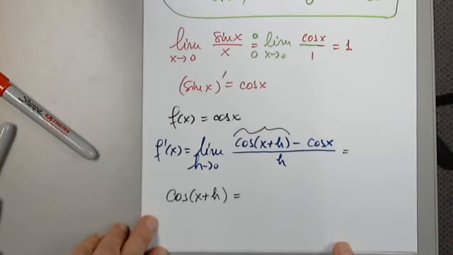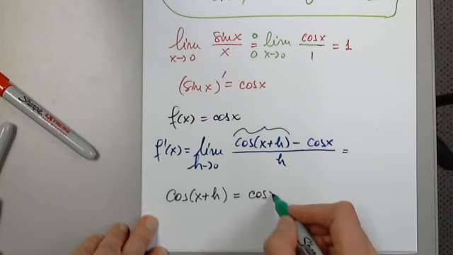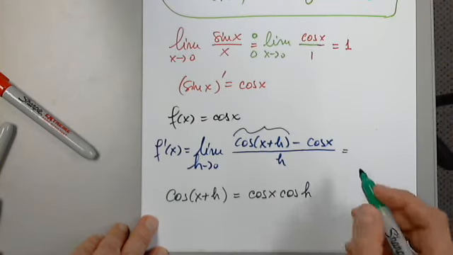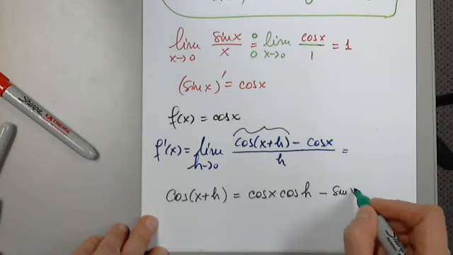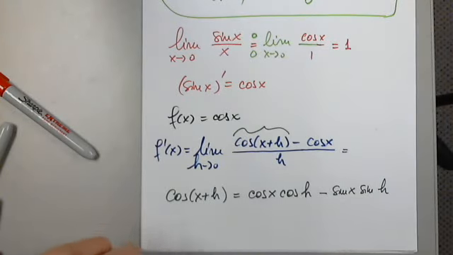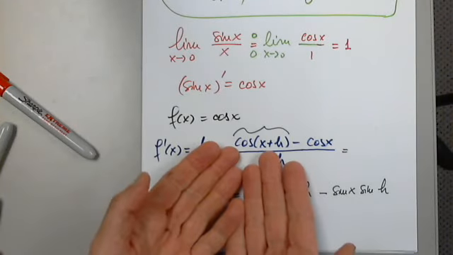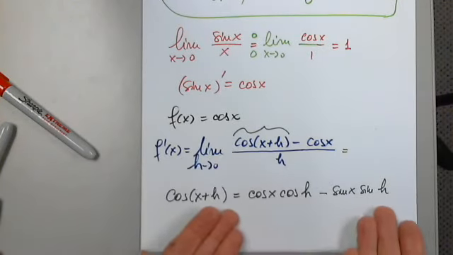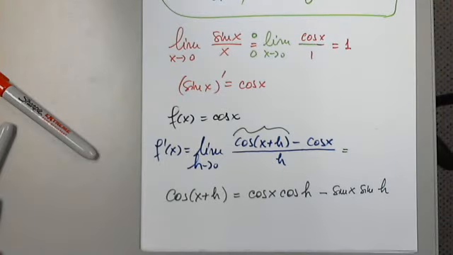If you remember from pre-calculus, this is cosine x cosine h minus sine x sine h. This is the first trig identity. It should be in the front cover or back cover of your textbook. So I will replace cosine of x plus h by this. And then I will continue.